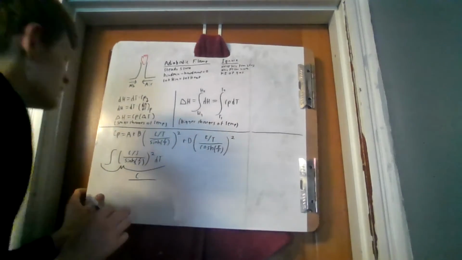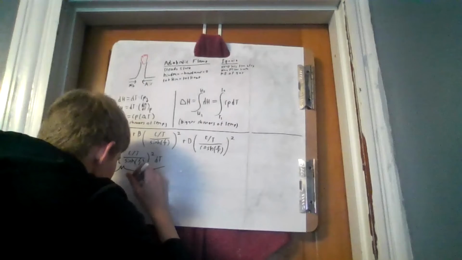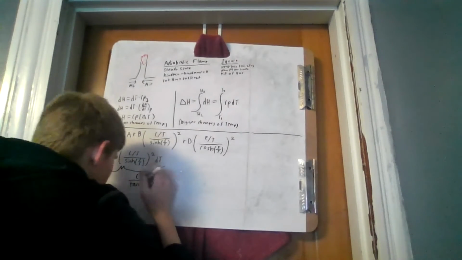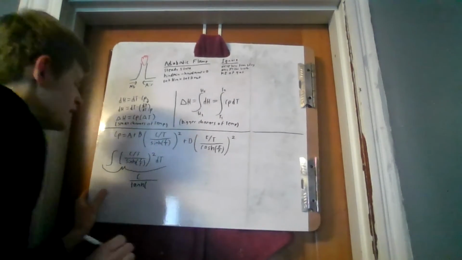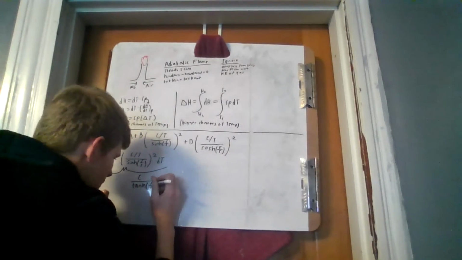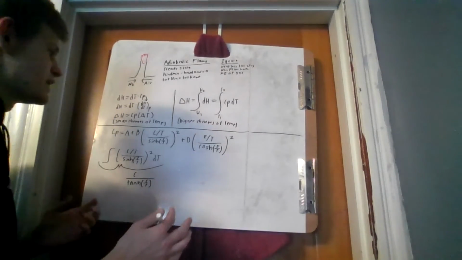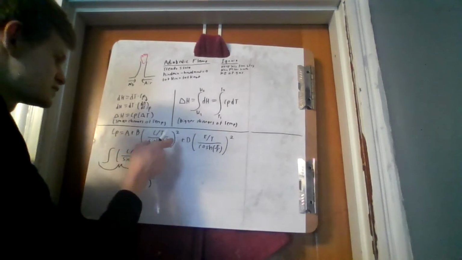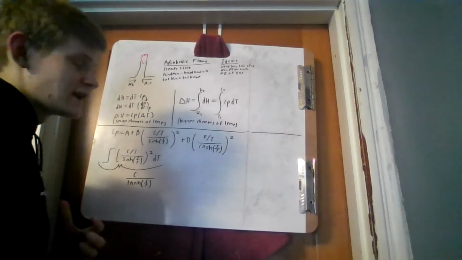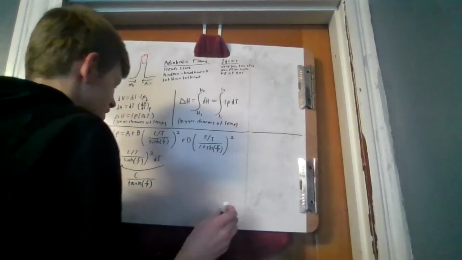It's going to be our C parameter on top of this fraction, multiplied by our hyperbolic tangent of our C parameter divided by our temperature. This is going to be our integrand for this function here, and now we can integrate for our hyperbolic cosine.